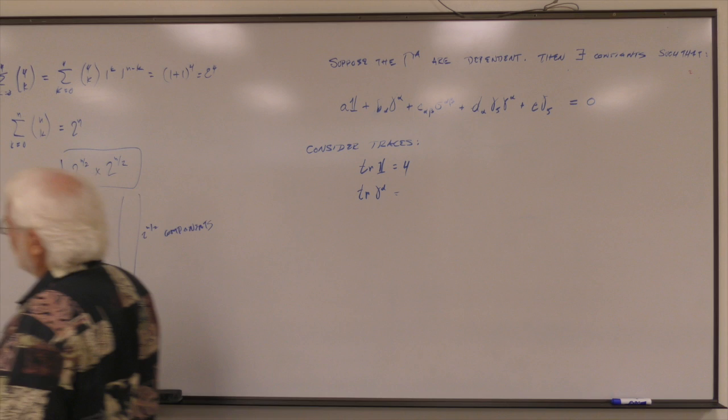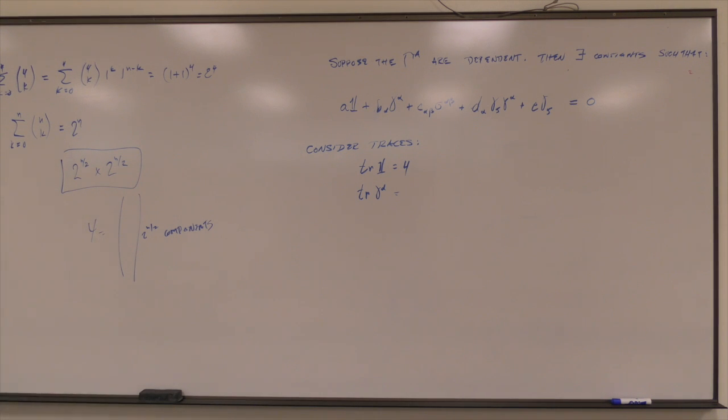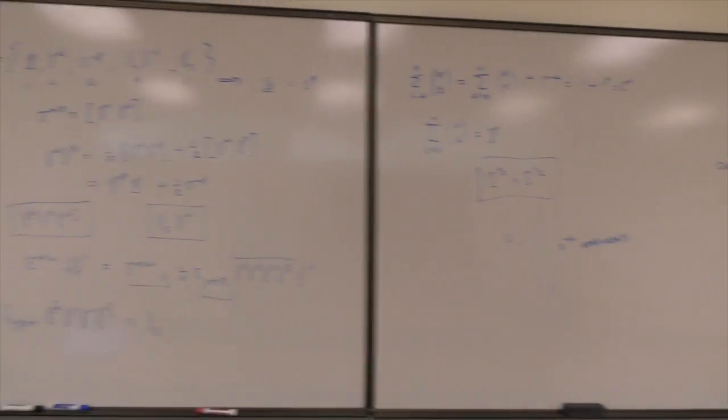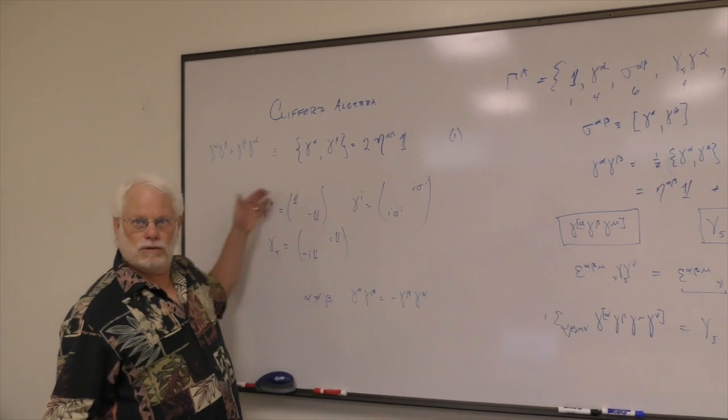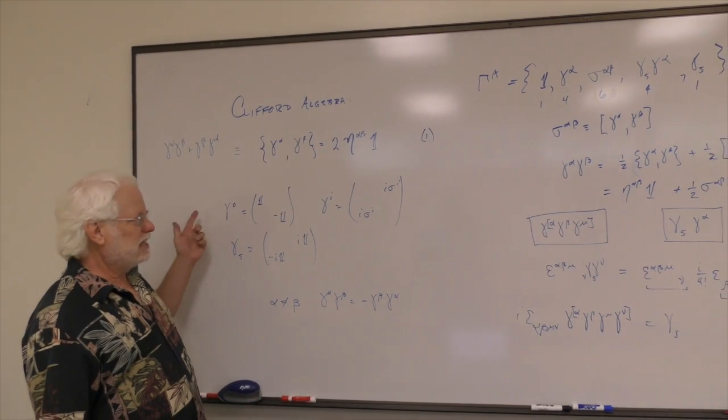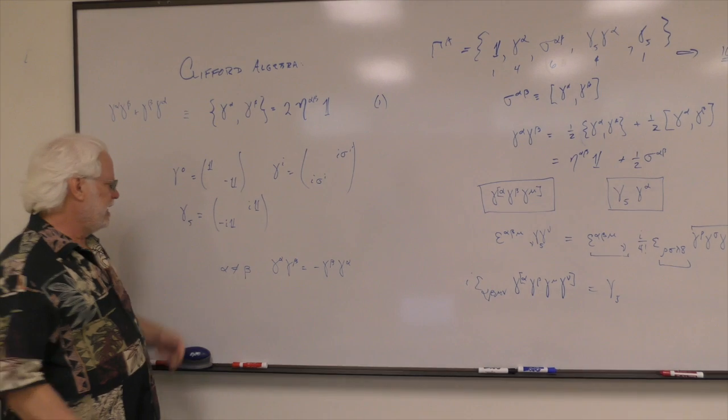First, let's look at our representation here. The gamma i's have 0 diagonal, and gamma 0 is 1 and minus 1, so the trace of these is 0, just by inspection in this representation.